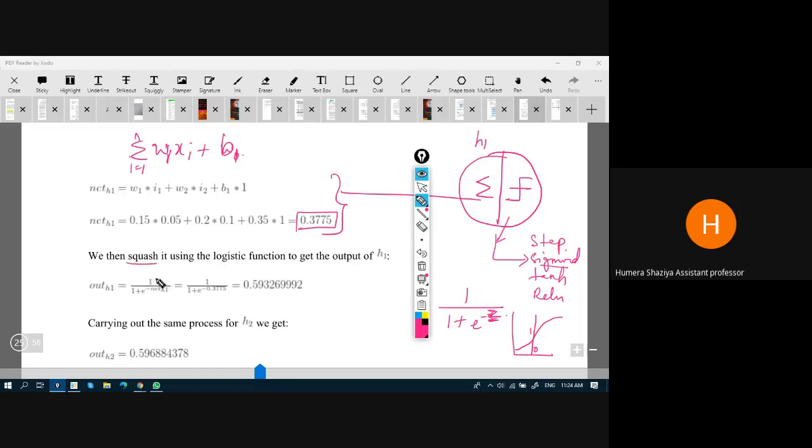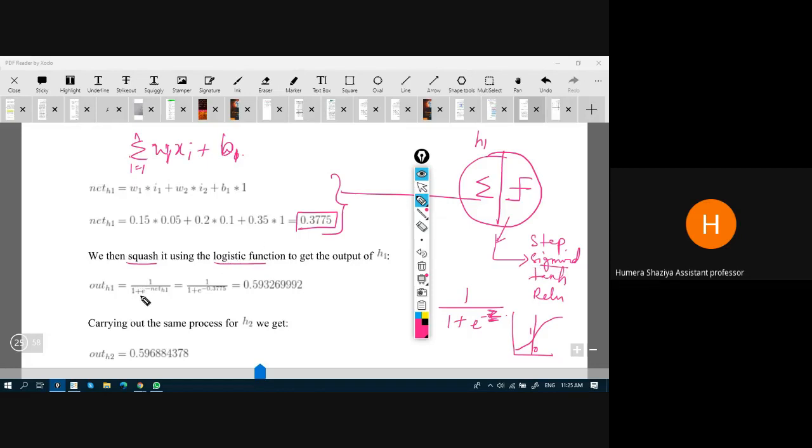This is known as squash: squash of the summation output based on the sigmoid activation. Sigmoid activation is also known as the logistic function.